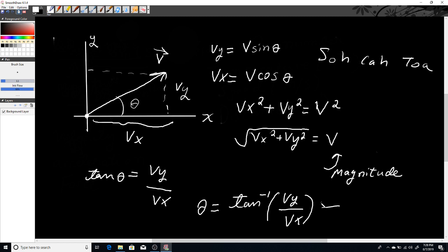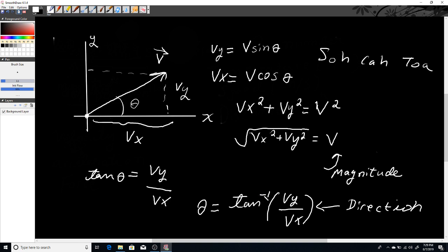So this is the direction. And these are the two pieces of information that go into describing a vector. If you know the magnitude of a vector and you know the direction of the vector, you basically know everything that you'll need to know about the vector.